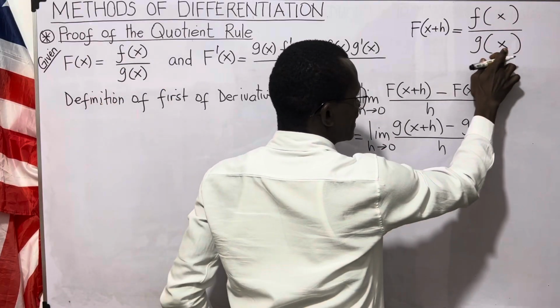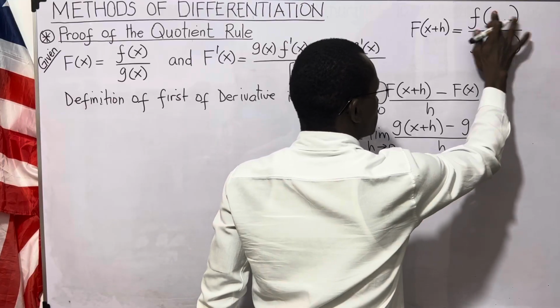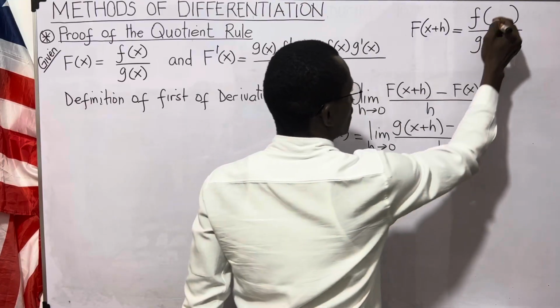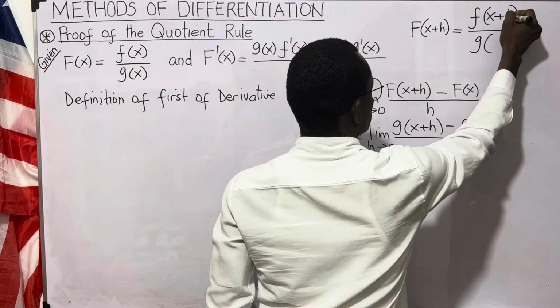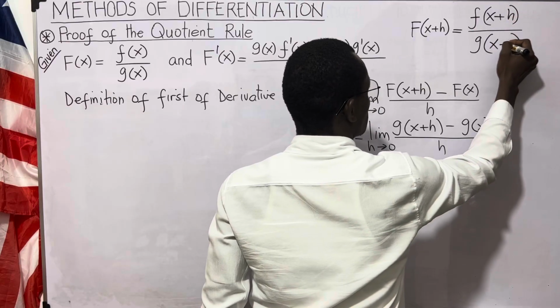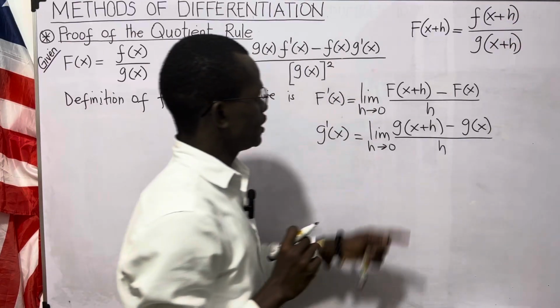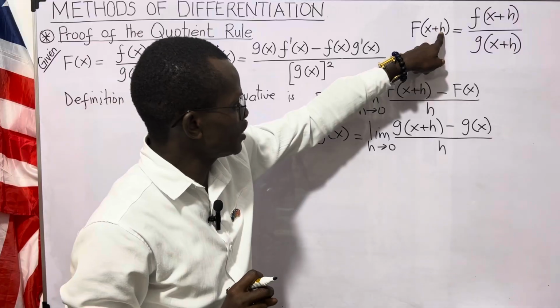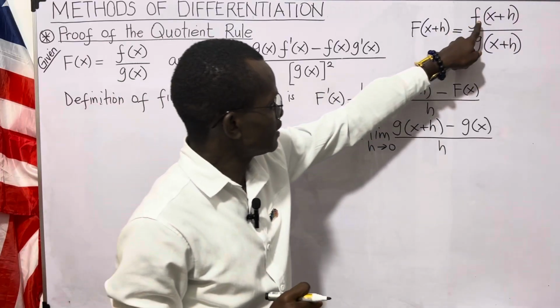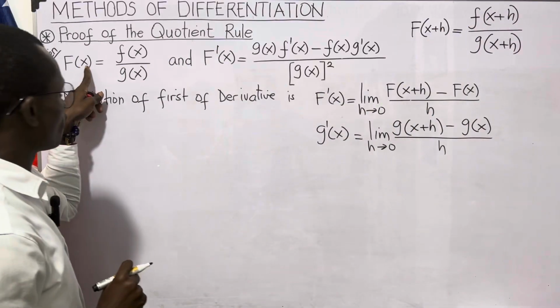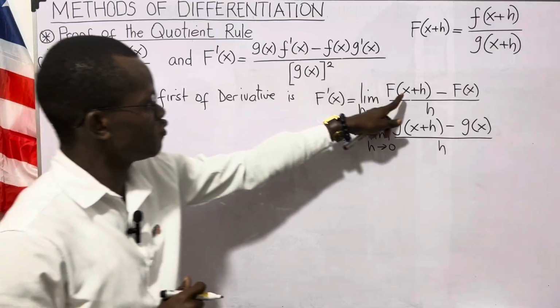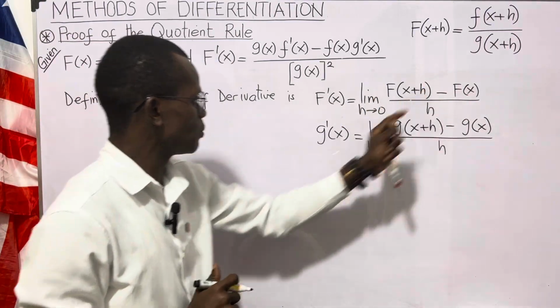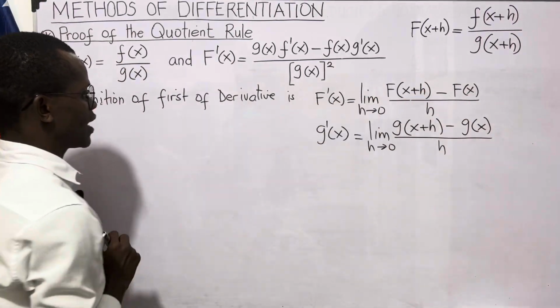Wheresoever we see this x, it must be replaced with x plus h. So we put x plus h, we put x plus h. So this is now our F of x plus h, and this is now our F of x. So we've gotten the two functions. We can now replace them within this limiting process.